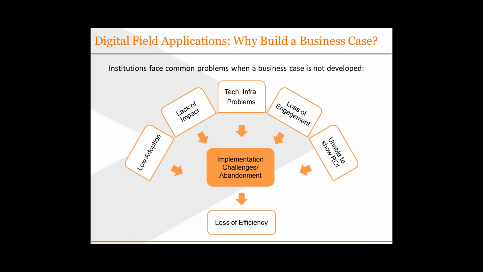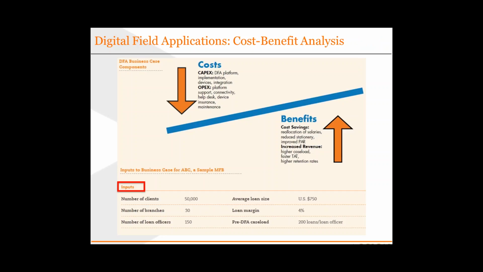And therefore, to avoid these issues and to really ensure that the DFA is meeting your business objectives, as part of working with the three institutions and building the business case for each of them, what we then did was create a hypothetical case derived from averages of real numbers of the three institutions, because we felt that since Ujjivan, Musoni, and OBS all benefited from the business case tailored to their own institution, this could also be a useful tool for MFIs interested in implementing a DFA themselves.